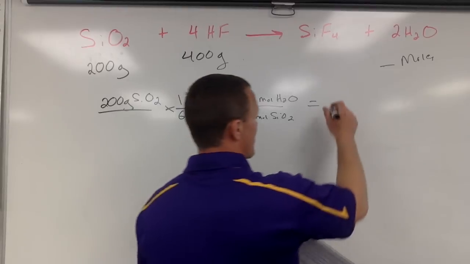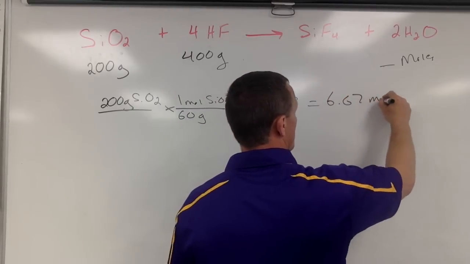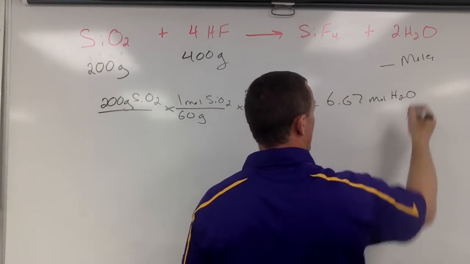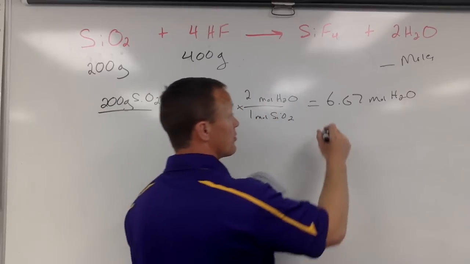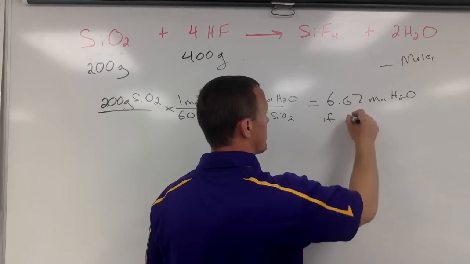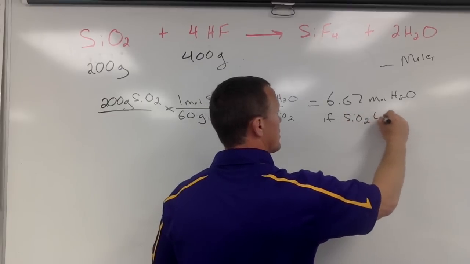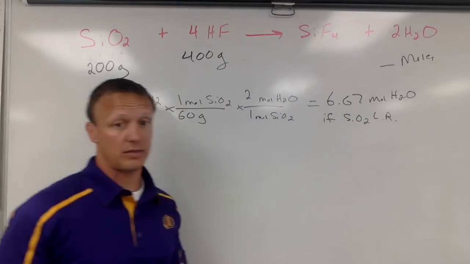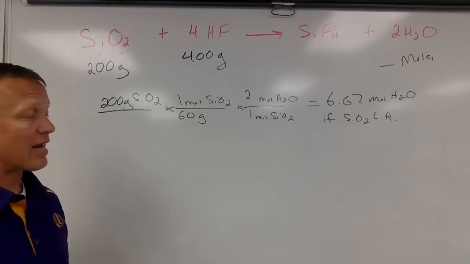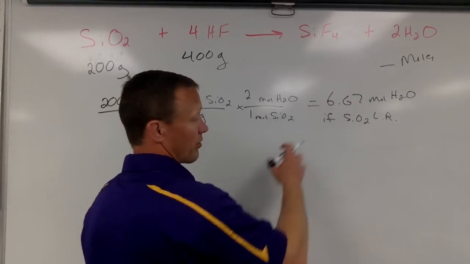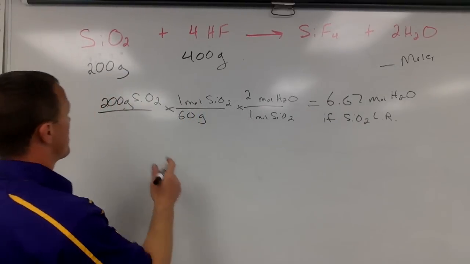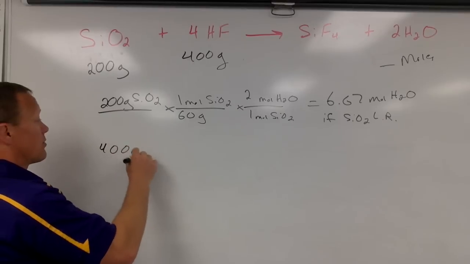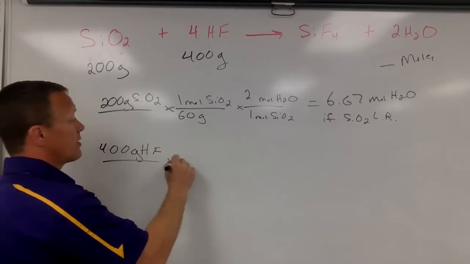So that's about 6.67 moles of water. That's how much water could be produced if SiO2 is the limiting reactant. If it's not, if it's the one in excess, that's going to be more water than we could get from this reaction. So now I'll do the same thing with the 400 grams of hydrogen fluoride.